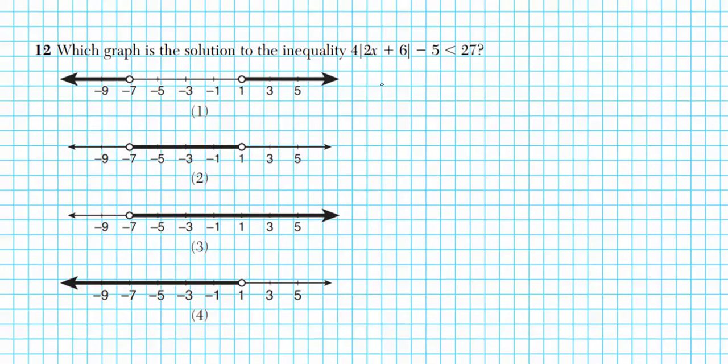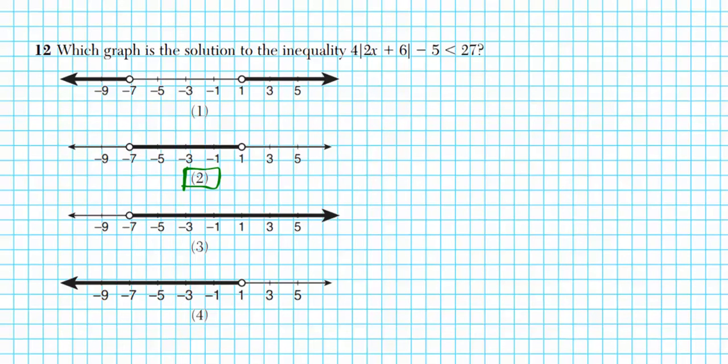Anytime you have an absolute value inequality that's less than, so you have the absolute value of ax plus b less than c, in most cases it's going to be a bounded region, a sandwiched situation where you have 2 boundary points and then every point in between. So just based on the fact that we have less than, it's very likely that our answer should be option number 2. But of course, I'm going to go ahead and solve the problem just to make sure that our guess is actually correct.